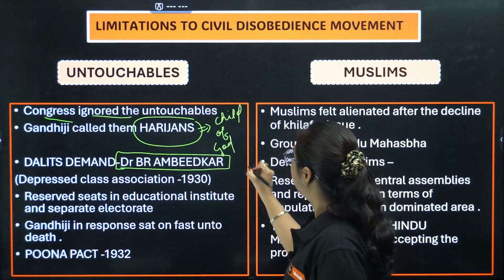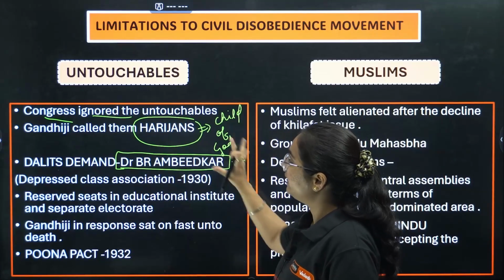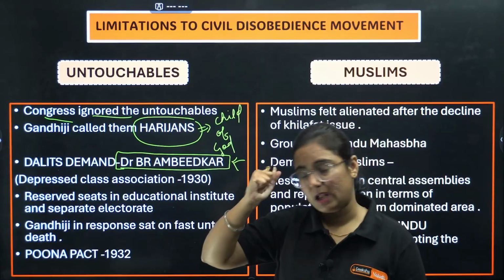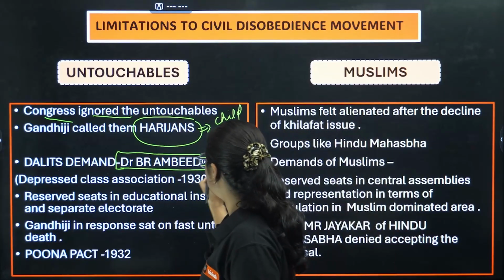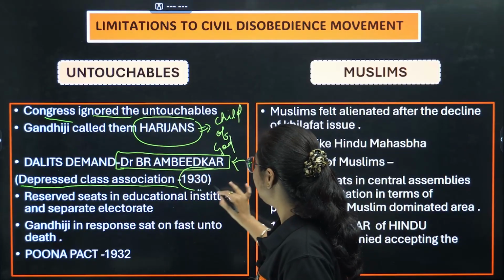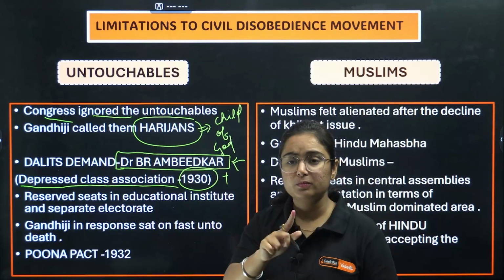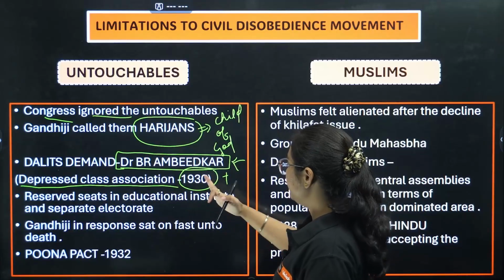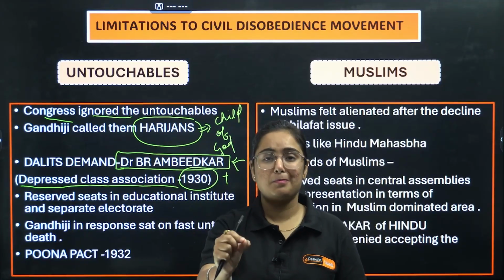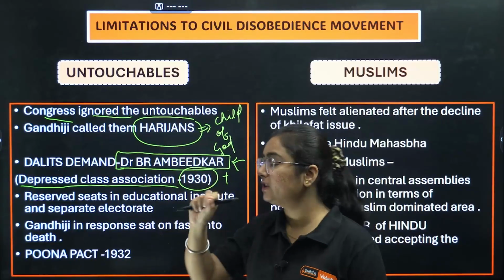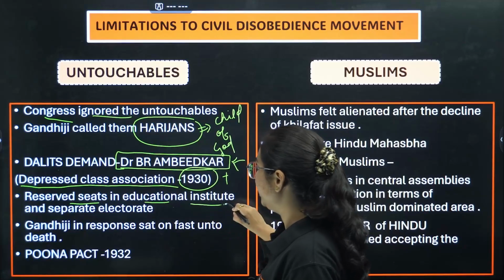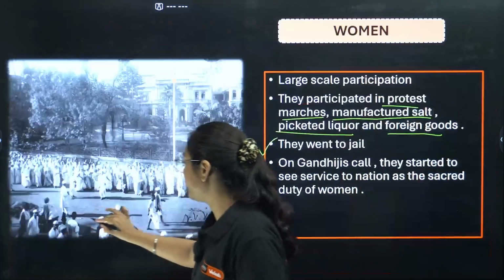Dr. B.R. Ambedkar presented the demands of Dalits in front of the civil authorities by forming an association, the Depressed Class Association, in the year 1930. Remember this, okay? Depressed Class Association in the year 1930. What was the demand of Dr. B.R. Ambedkar in the representation of this community? That reserved seats in educational institutes and separate electorates be given.